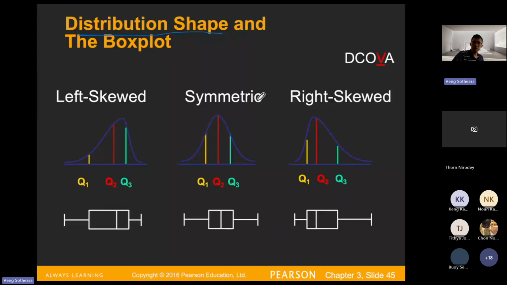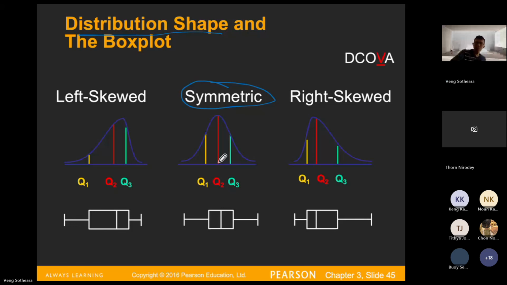If our data set is symmetric, okay? Symmetric means the mean and the median fall into the same position, and the way the data distribute to the left and to the right is roughly equal.